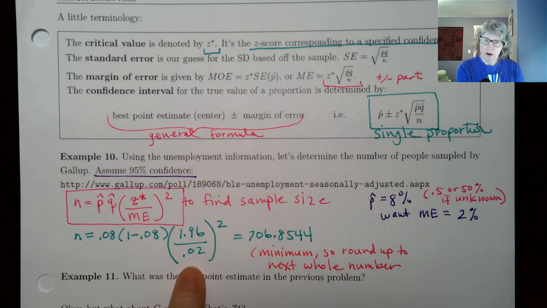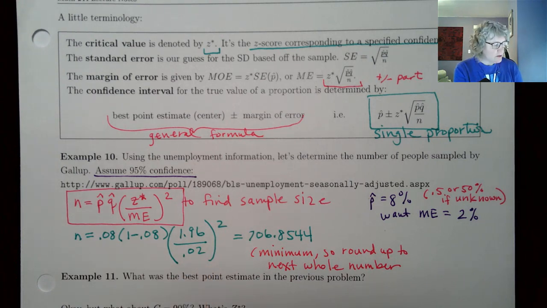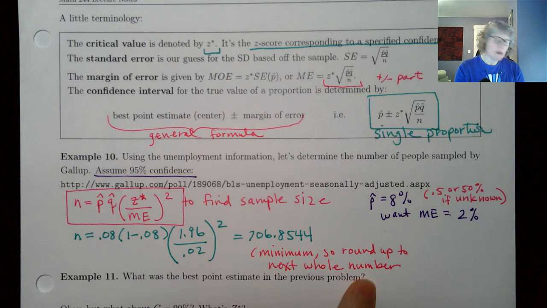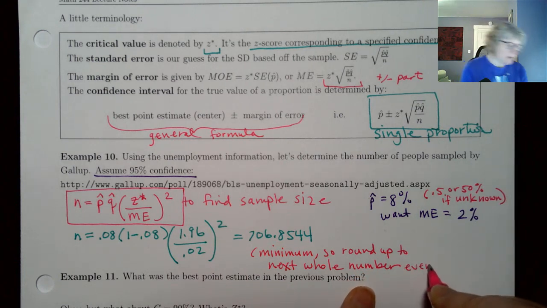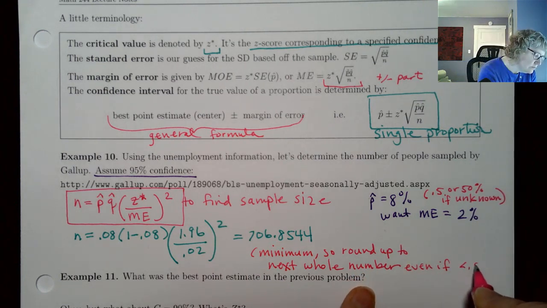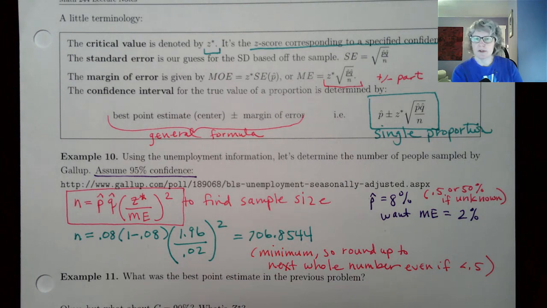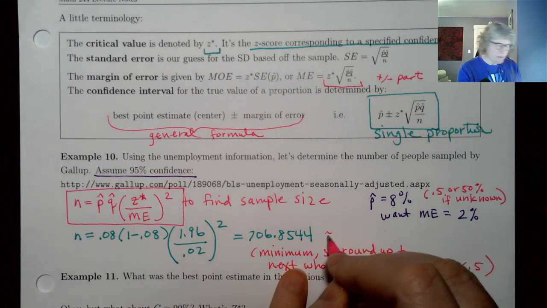If we round down, we won't have a 2% margin of error anymore. It will actually be a little bit bigger. So we don't want that. We're saying we want a 2% margin of error, so we always need to round up to the next whole number, even if the decimal part is less than 0.5.